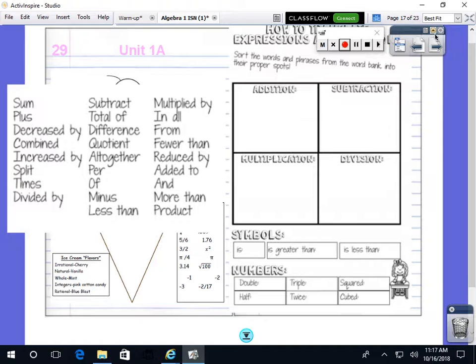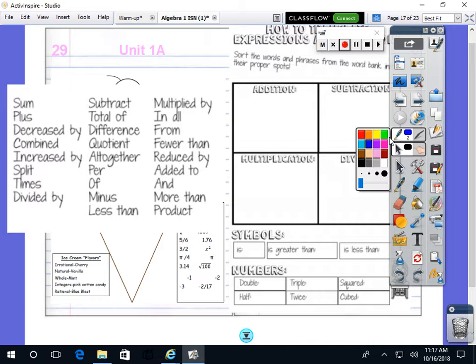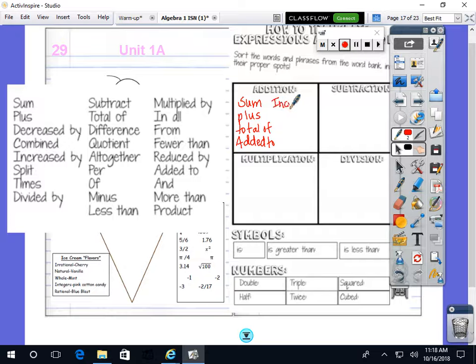So, starting with addition, what are some words from over here in this list that mean addition? Okay, sum, plus, total of, added to, increase by. Okay, so we use sum, we use plus, we use increase, combined, in all.